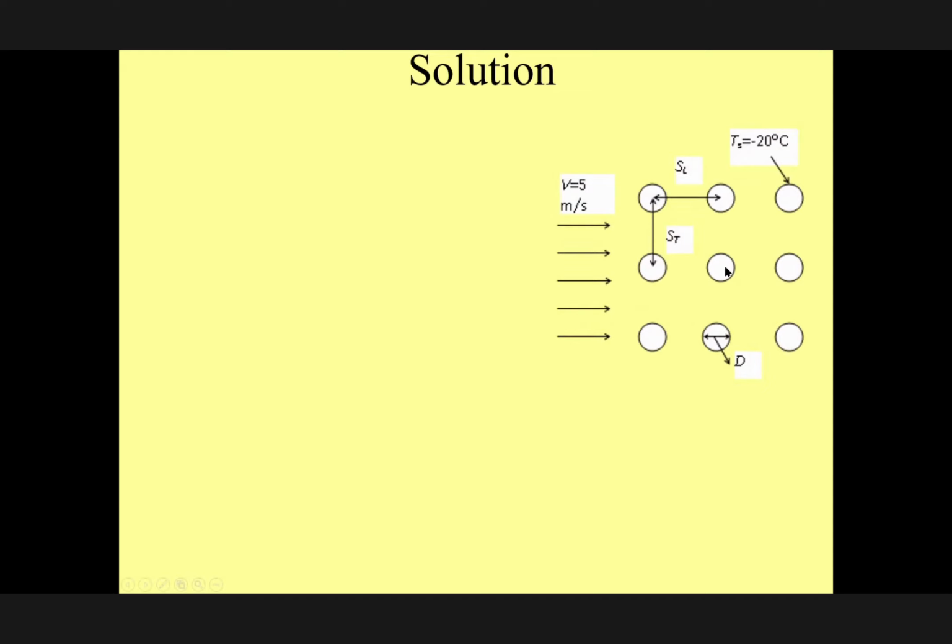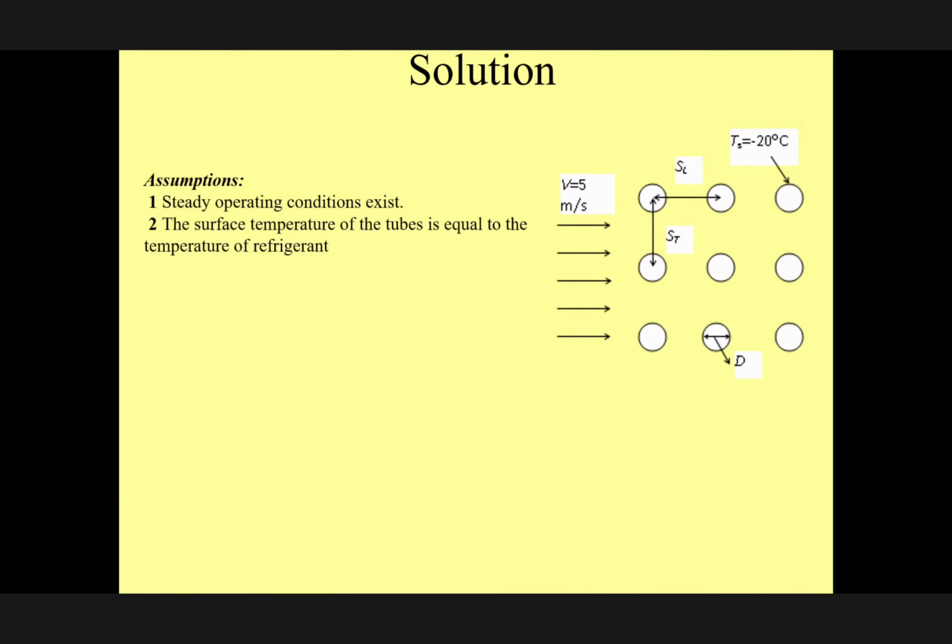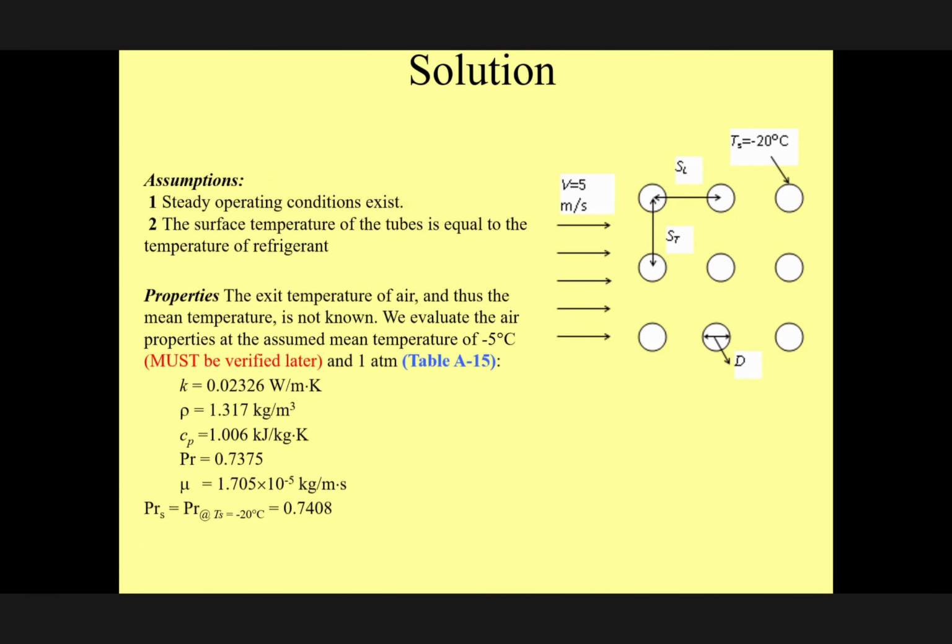in line, right here, transverse, longitudinal, and diameter are given. This number is given, the temperature is -20, 5 meters per second. Therefore, we can look at the physical properties of the air. Since we do not know what temperature it is leaving at, we can assume the value of the properties at a mean temperature of -5.